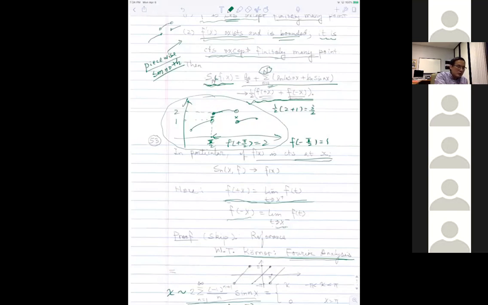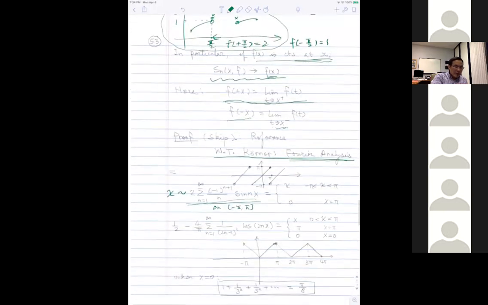Both of these would be the same as f of x. So 1/2 of this would give you f of x. So at the point of continuity, the Fourier series converges pointwise to the value of the function. It is only at a jump discontinuity that we need to average the values in order to find the limit, the sum of the Fourier series.